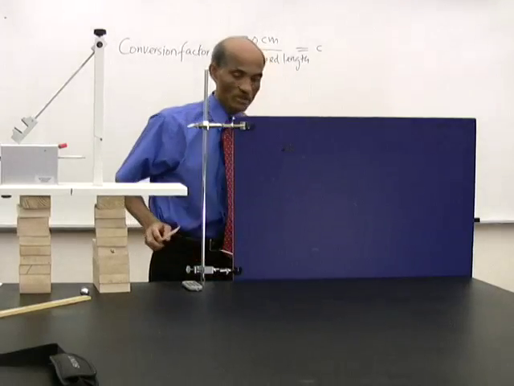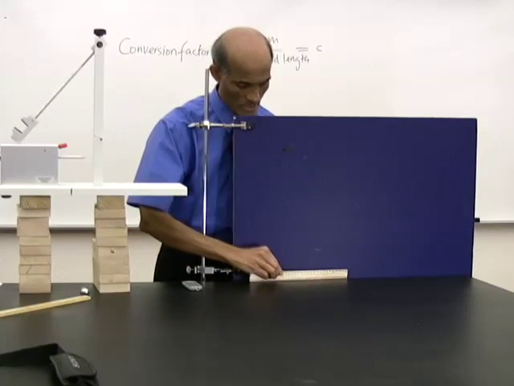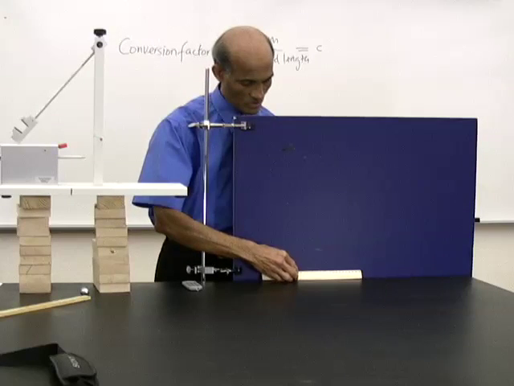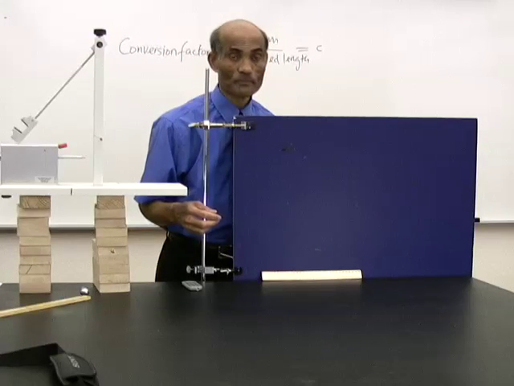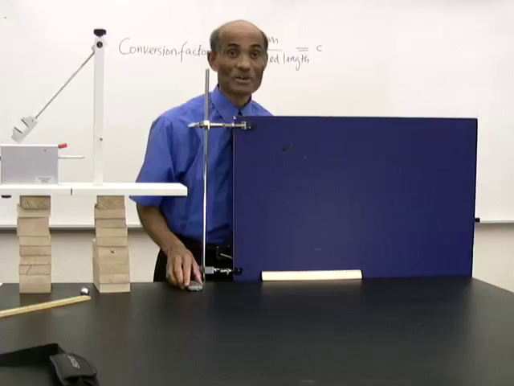If you haven't got it done, I have the ruler here once again. Do that now. I'm going to give you about 20 seconds. Measure the length of that ruler on your computer screen and work out the conversion factor C.